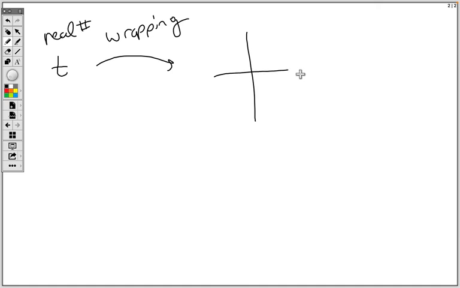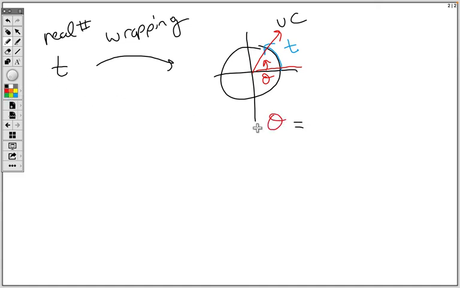So it bears repeating how we get these other functions as functions of real numbers. We start off with the real number t, and then we go through the wrapping function, and we take the real number t and we identify it as an oriented arc on the unit circle, which matches it to an oriented angle in standard position, where the radian measure of that angle matches the value of the real number t.